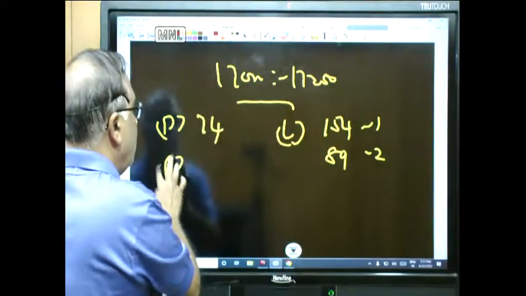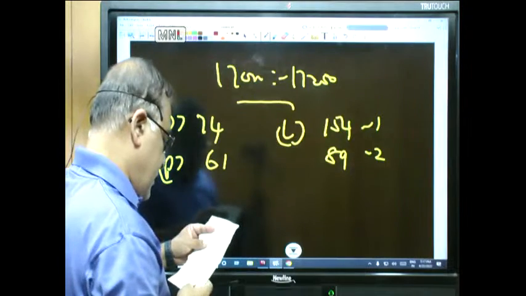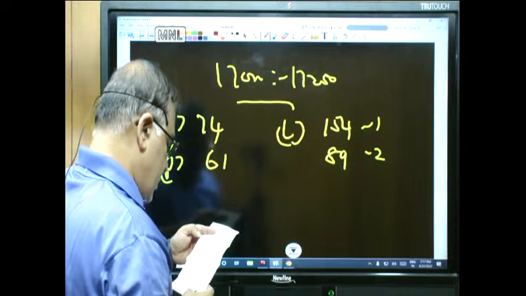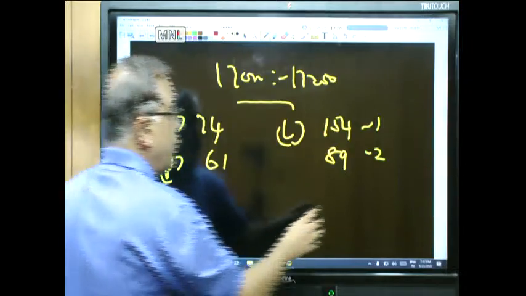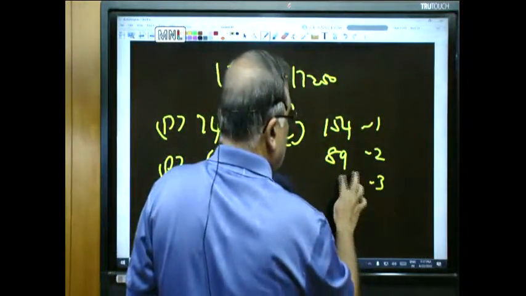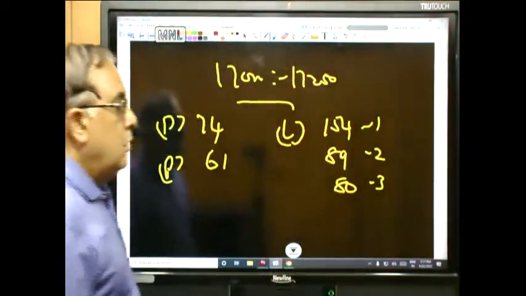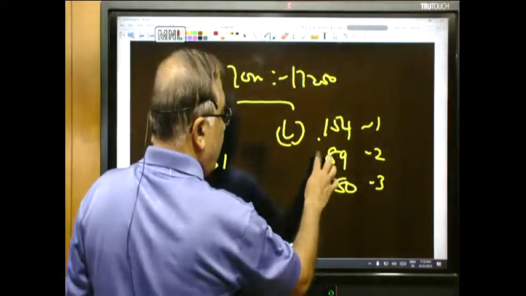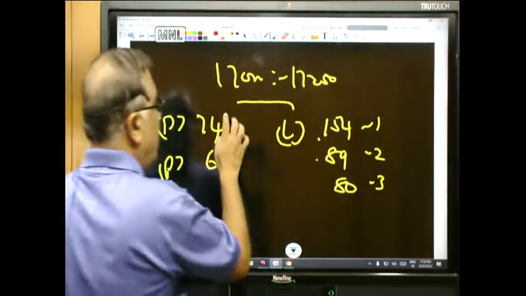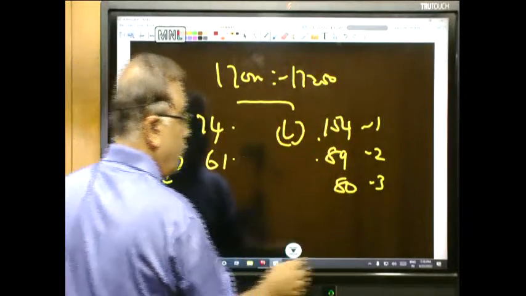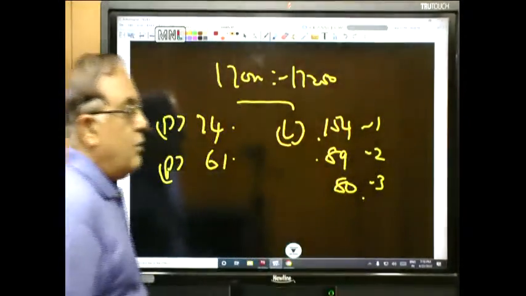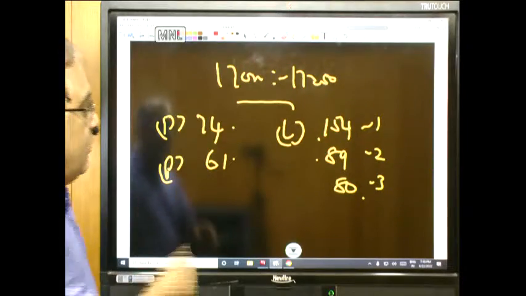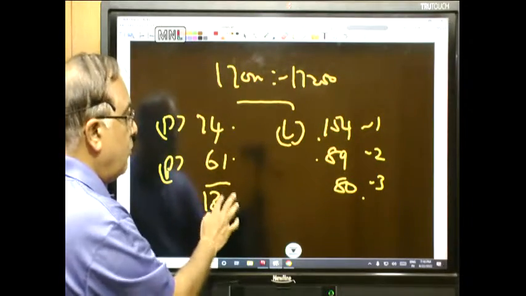Fourth day profit was 61, right? And today's loss is 80 rupees. So this was the loss on 18th, this was the loss on 19th, this was the profit on 20th, this was the profit on 21st, and this was the loss on 22nd compared to the previous days. So if you add all these things together, we have 135 rupees profit.